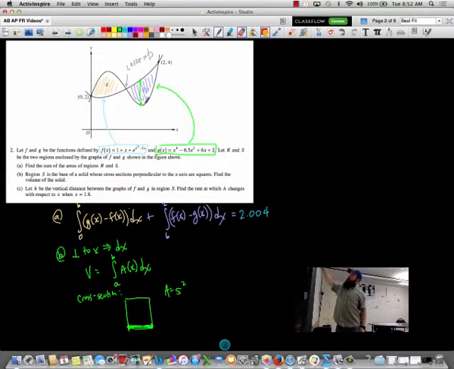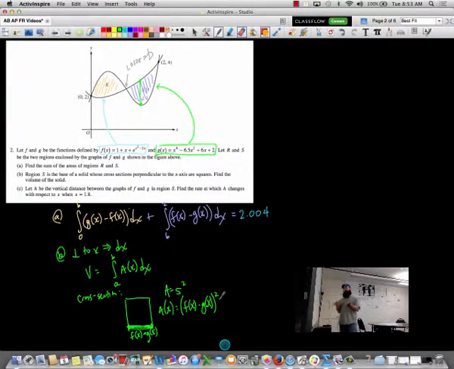These endpoints are attached to the two functions, and if I slid it around in S, the length would change, depending on the vertical distance between the top and bottom function. In that area, the top function was f of x and the bottom function was g of x. So this length is f of x minus g of x, which means the cross-sectional area in terms of x would be f of x minus g of x quantity squared.